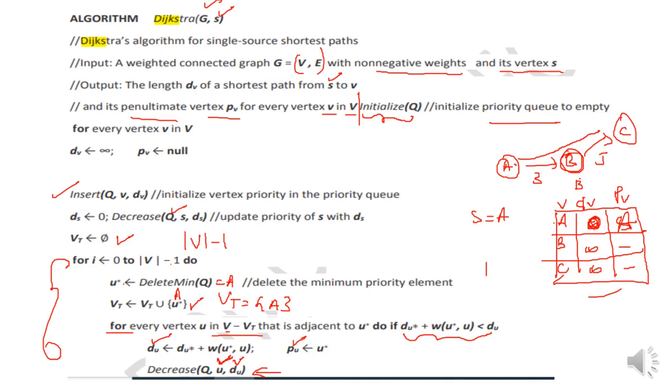Then for the remaining vertices, you need to update the distance, that is using this formula. And then we have to update the distance and penultimate vertex or near vertex into the queue. That's why the decrease function is being called. So this is about Dijkstra's algorithm.